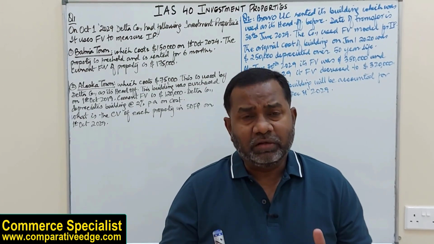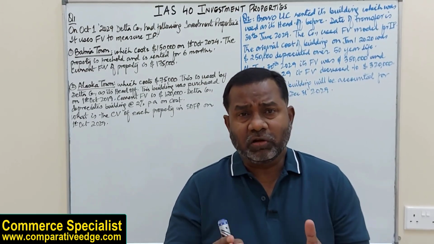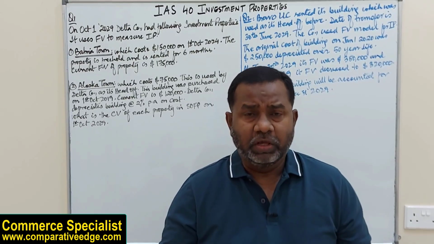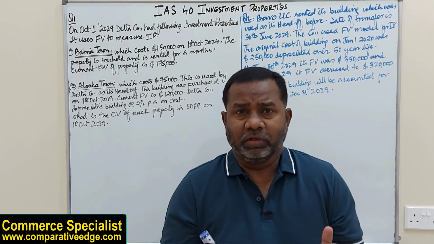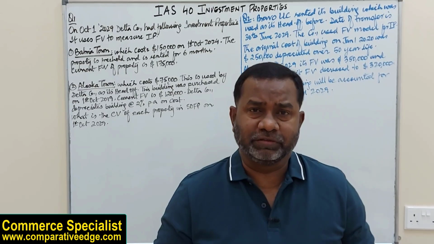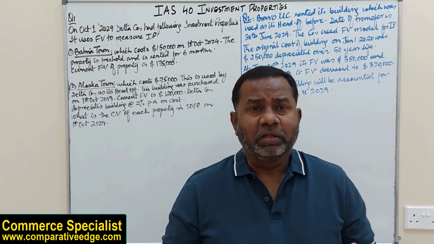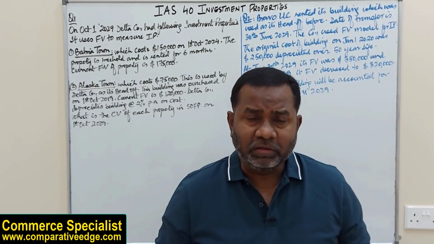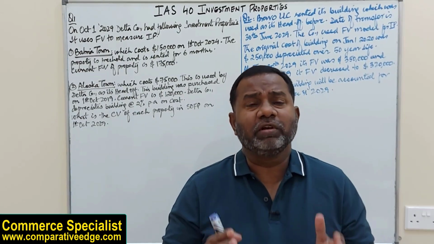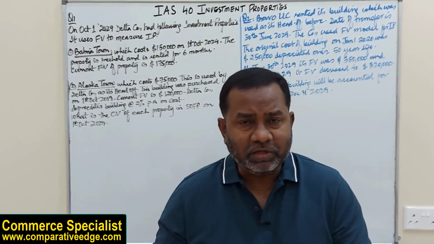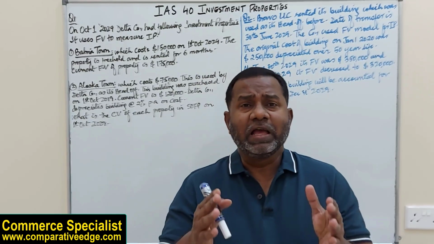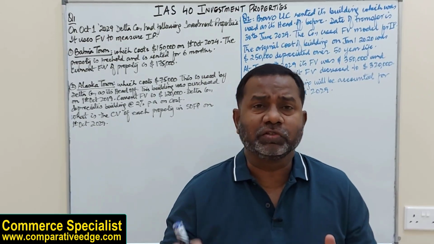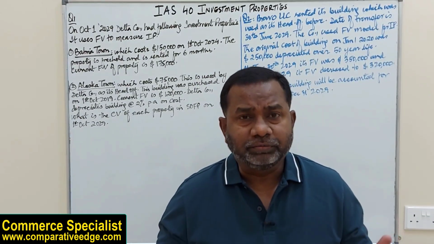You need to understand that the recognition criteria is very important. If you have a building, for example, and you're using it as your office, which means this is an owner occupied building, this building should be treated as a non-current asset and should be accounted for as per the provision of IAS 16 property, plant and equipment.